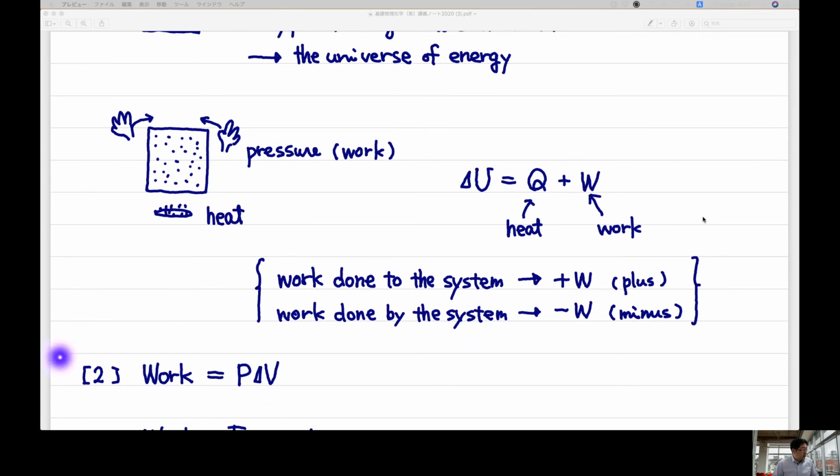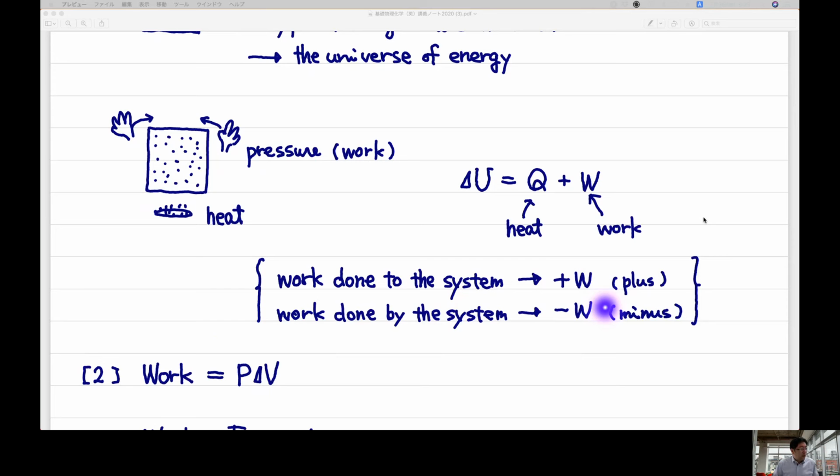And work done to the system is expressed as plus W, okay? Work done by the system shows as minus W. This is just the direction of the work, so you do not need to think seriously.